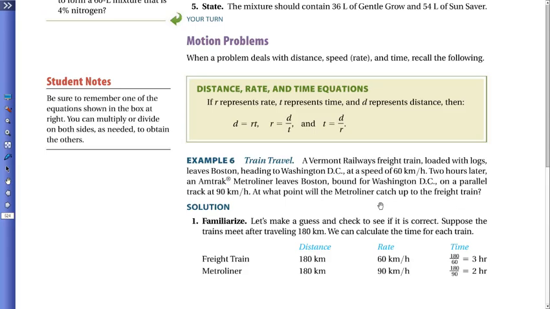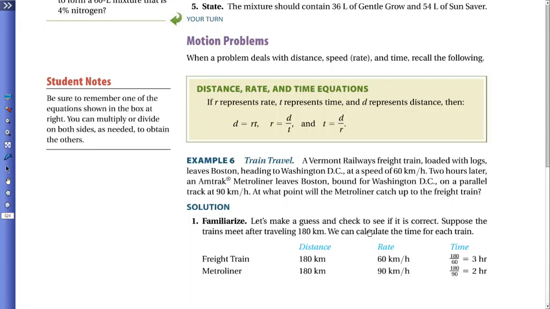So you have two trains moving at different speeds. They're going towards the same destination, but what we don't know is what distance they will travel when the Metroliner catches up with the freight train. So let's make a guess and check.